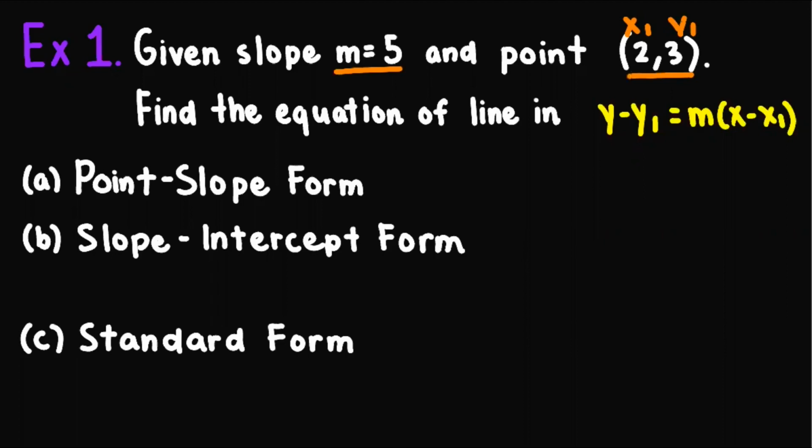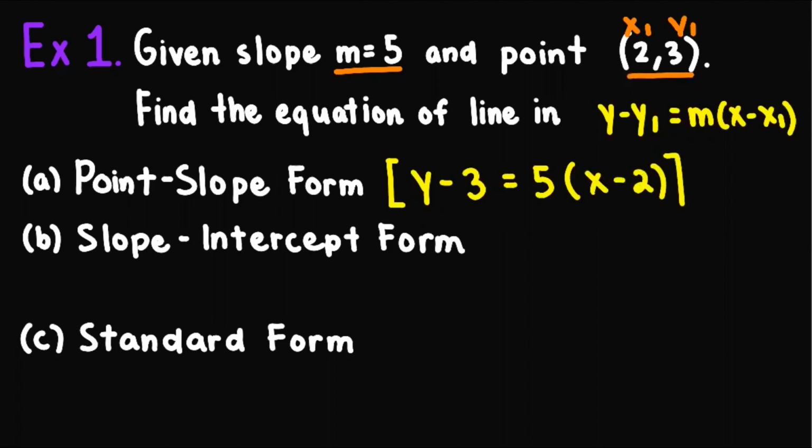So we'll obtain y minus 3 equals 5 times x minus 2. And this one out here is our point-slope form.